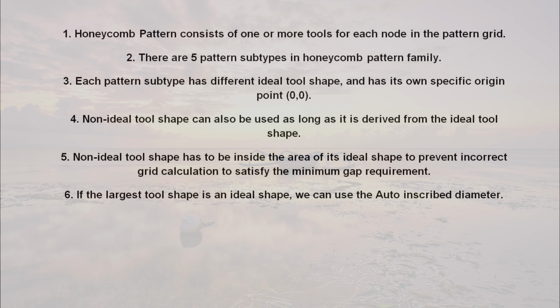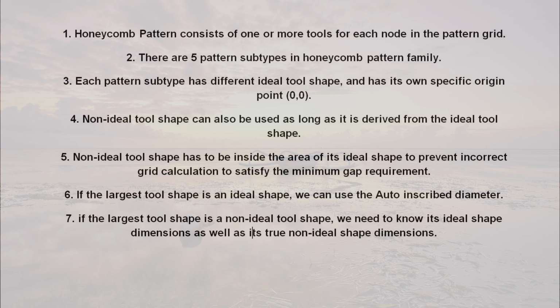6. If the largest tool shape is an ideal shape, we can use the auto-inscribed diameter. 7. If the largest tool shape is a non-ideal tool shape, we need to know its ideal shape dimensions as well as its true non-ideal shape dimensions. These parameters include the maximum diameter, the maximum width as well as the maximum height.